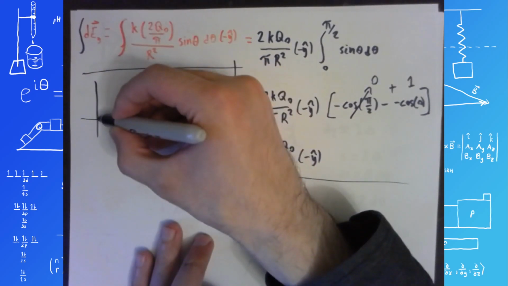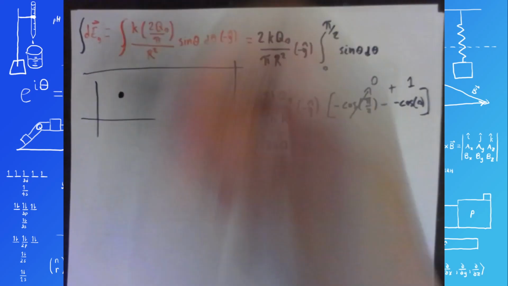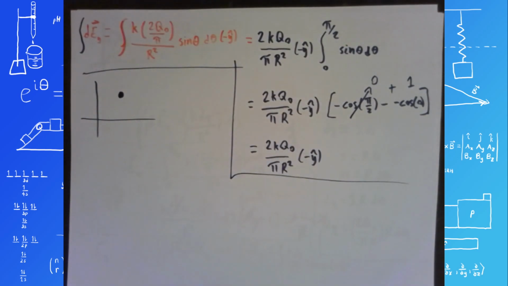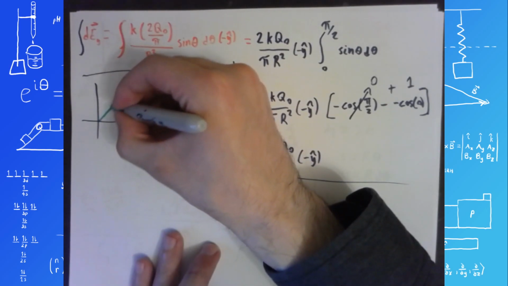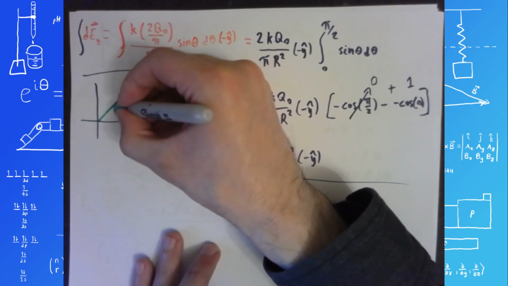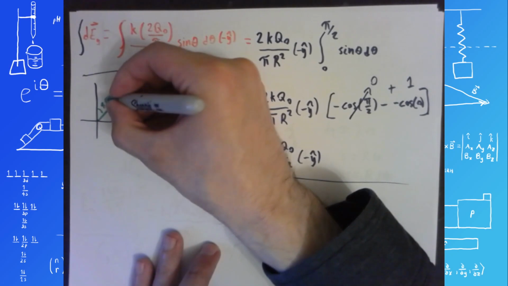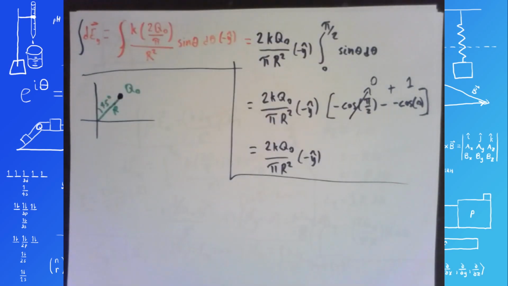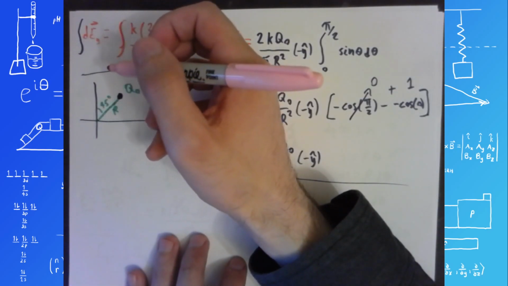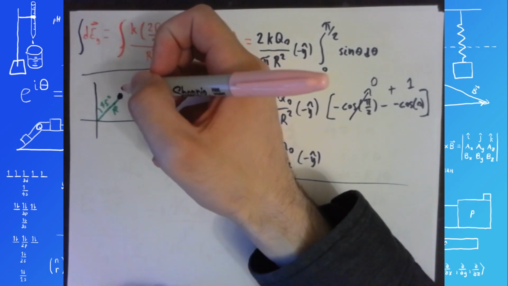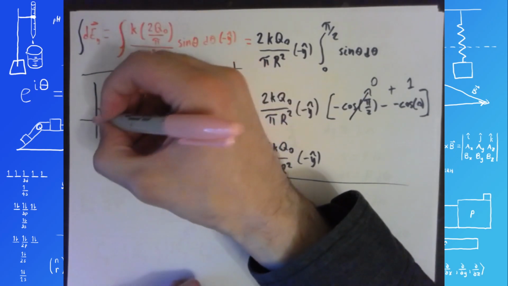If I put a point charge of q0 a distance r away from the origin at a 45-degree angle, what kind of electric field does it produce, and how does it compare to the one we just calculated? Well, let's see. I don't think it's going to be the same. I think I can already see that it won't be.